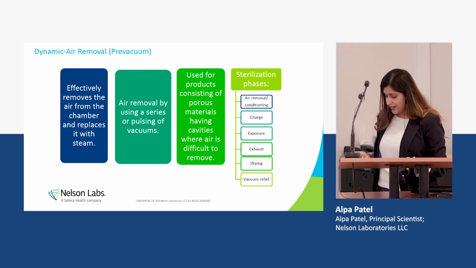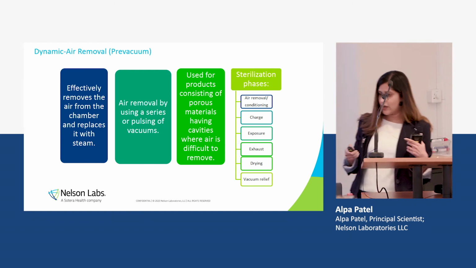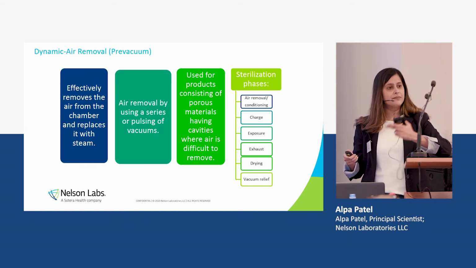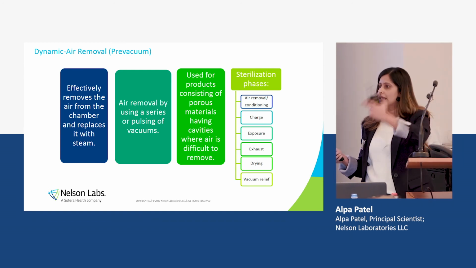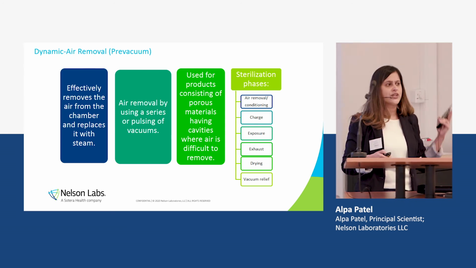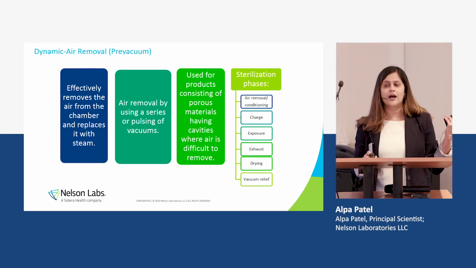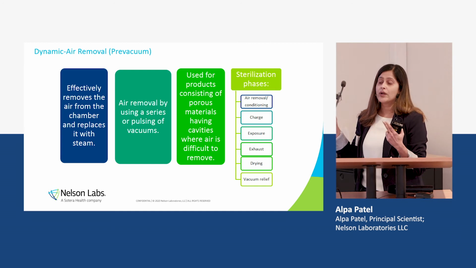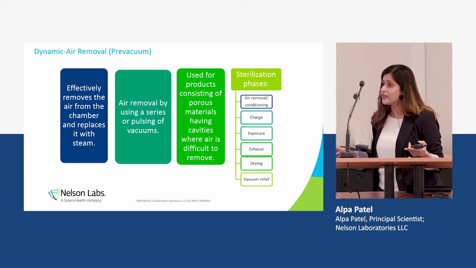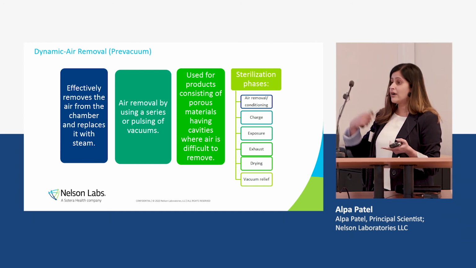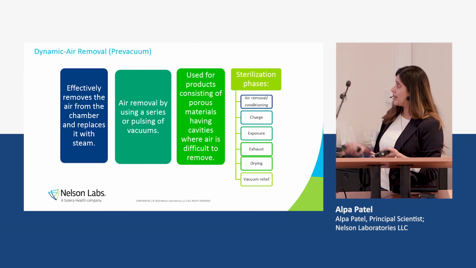But pre-vacuum cycles, which are shorter cycles, where we have pulses of steam that goes in, suction out, 3 to 4 pulses that we're looking at that are going in and out. And that's what's most commonly used in healthcare facilities here in the US.